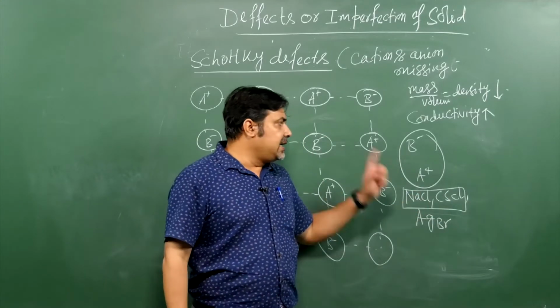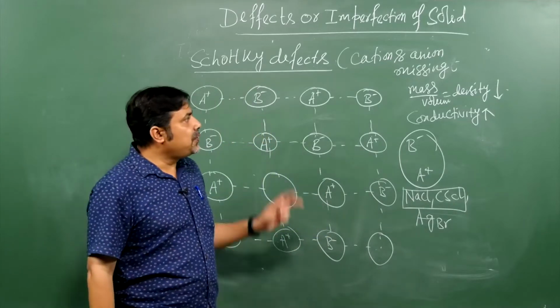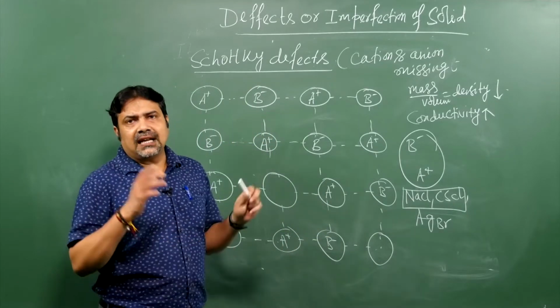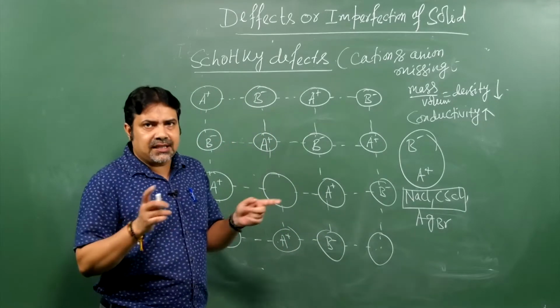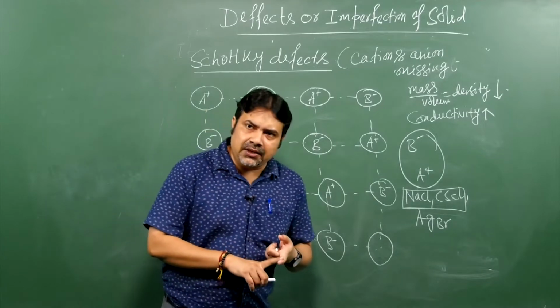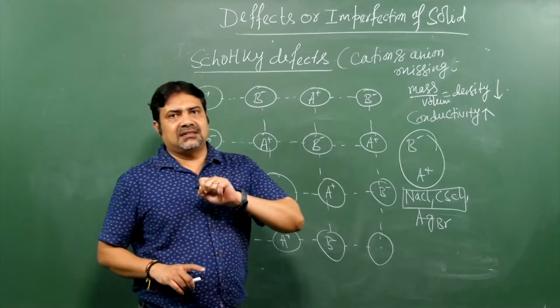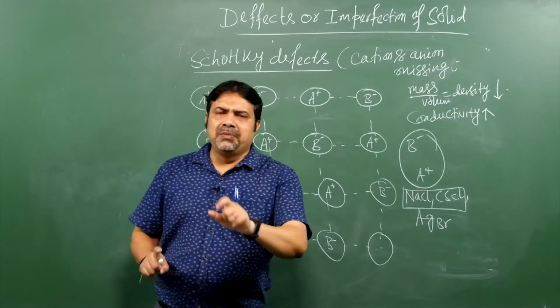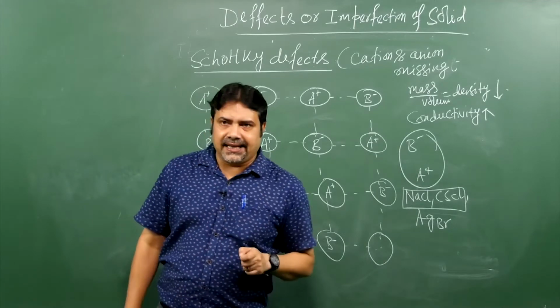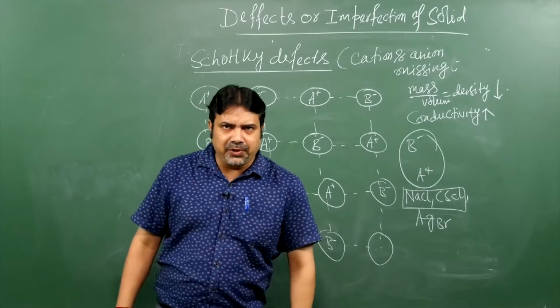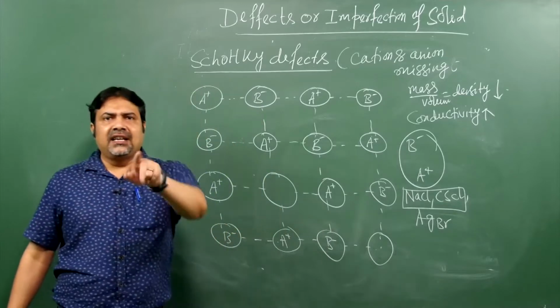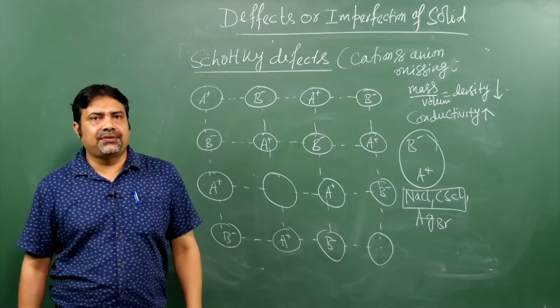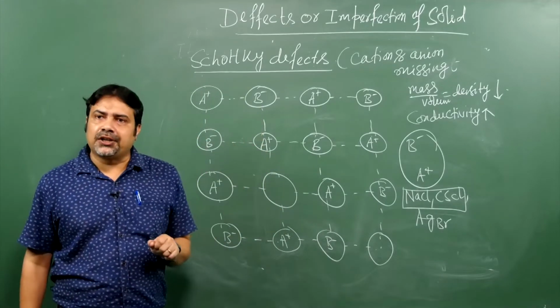So this type of defect arises for ionic salts with comparable size of cation and anion as well as high coordination. One cation and one anion are missing from their lattice sites, and because of that density decreases, holes are created, and conductivity increases. So this is nothing but a Schottky defect.